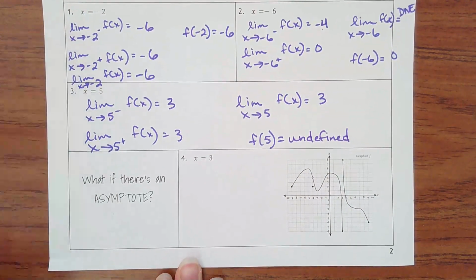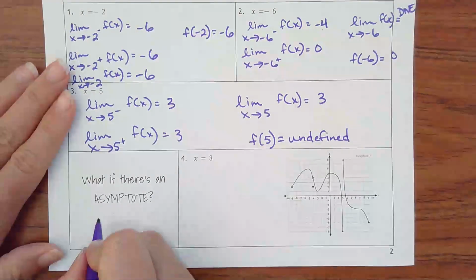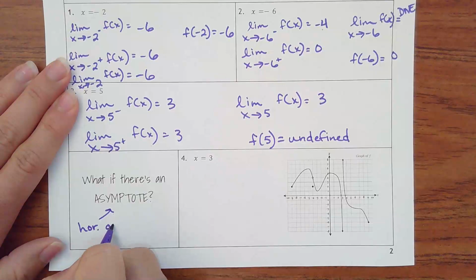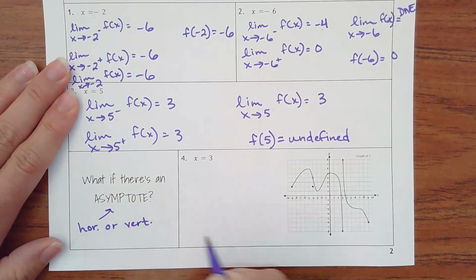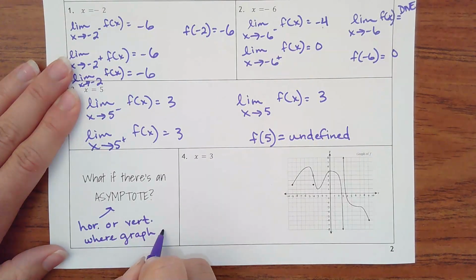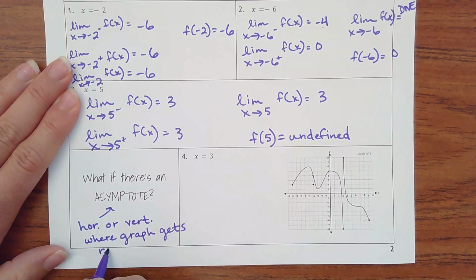And the last thing we need to talk about is what if there's an asymptote? An asymptote can be a horizontal or vertical line where the graph gets really close to but never touches.